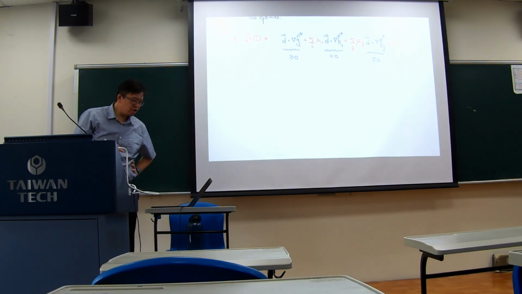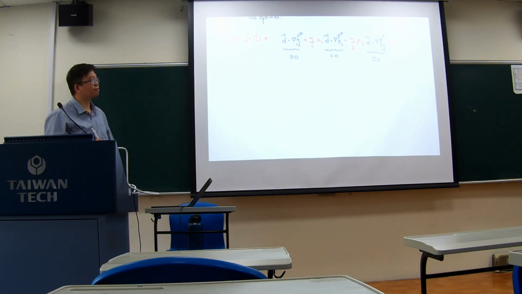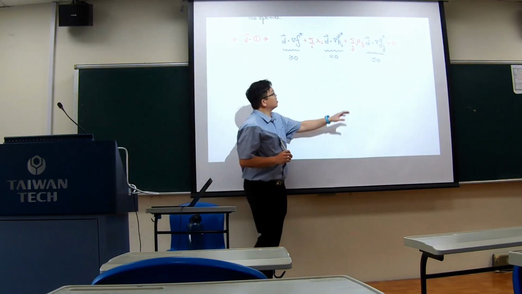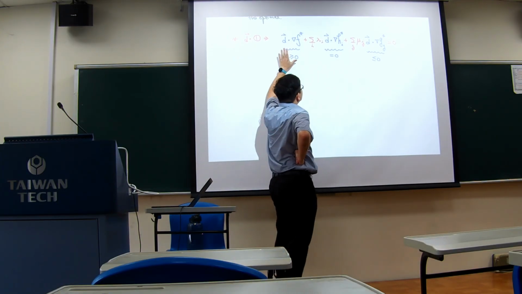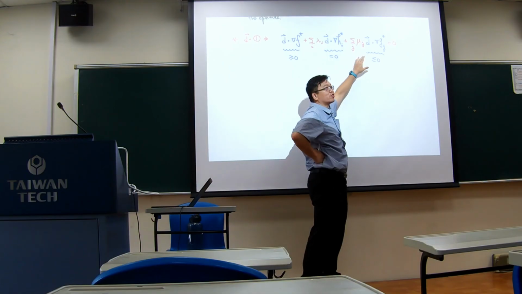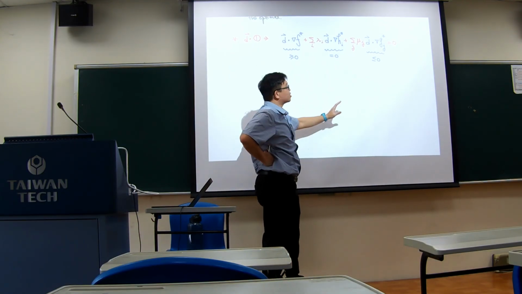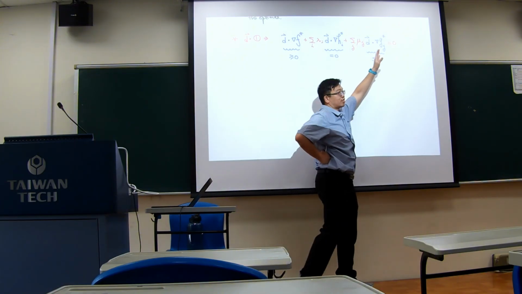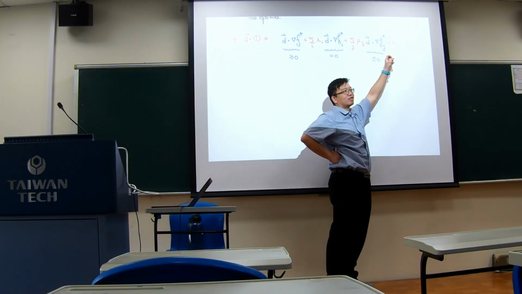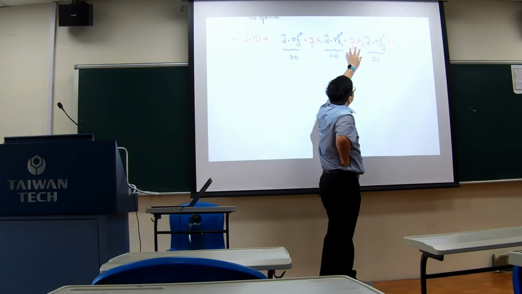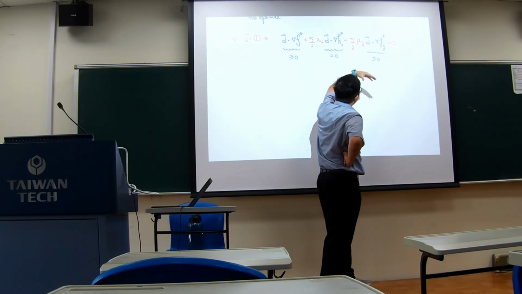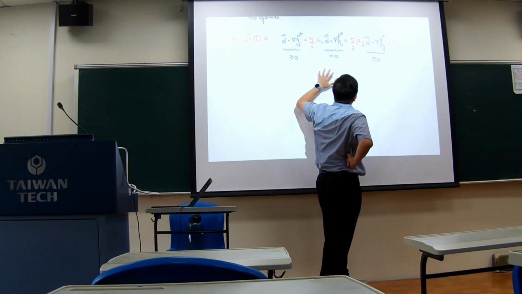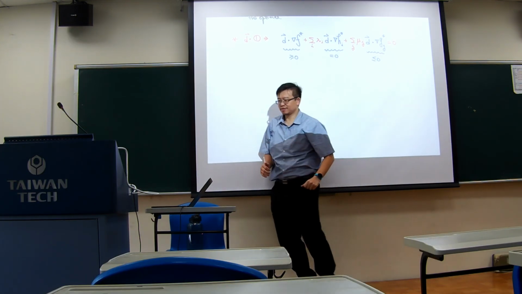If your mu is negative, then this term is either positive or zero. So this is positive or zero, this is positive or zero, then there will be chances that this equation will be positive. It can never be zero, right? So mu has to be positive, cannot be negative. That's the only rule to make sure there's a chance this whole thing becomes equal to zero.